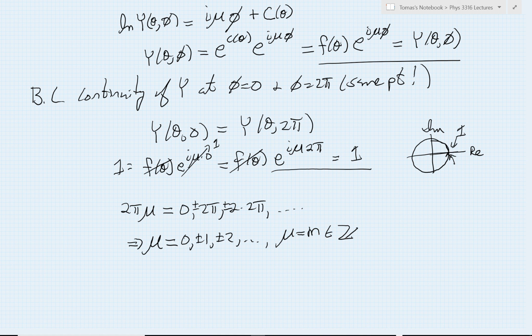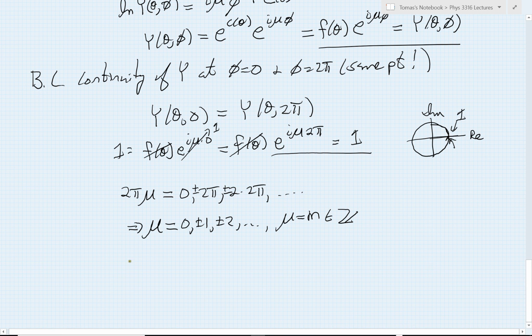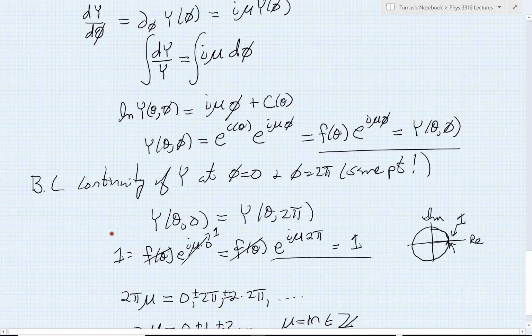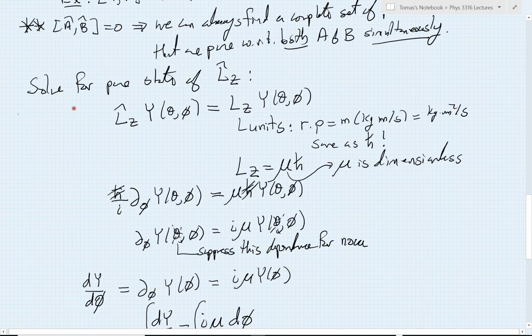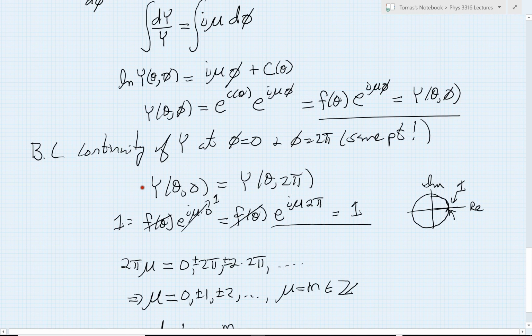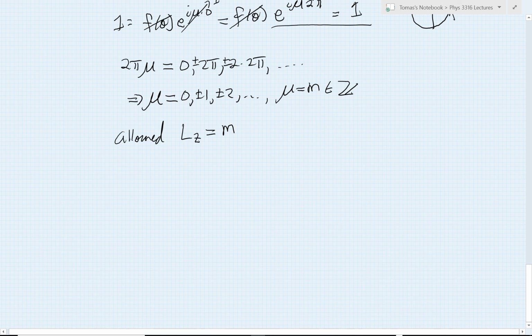We've learned, firstly, that the allowed values of L_z are, in fact, m. But remember, the L_z values are our allowed mu's times h bar. H bar carries the units. So it's m times h bar, where m, as we've just said, has to be a member of the integers.